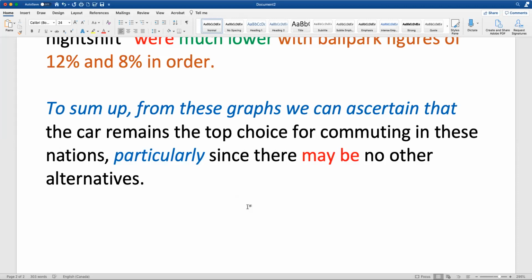Can I say here, rather than no other alternatives, maybe there is no good public transportation? No, no. Because the graph is not telling us that.